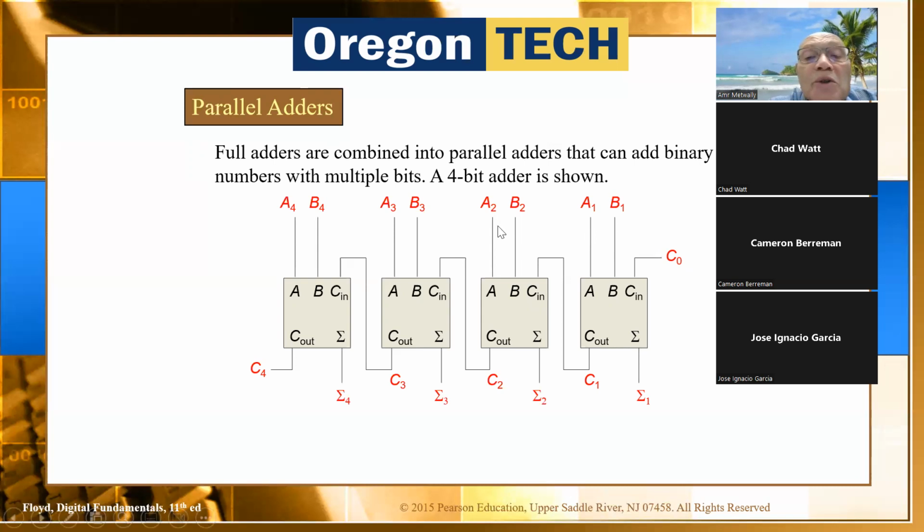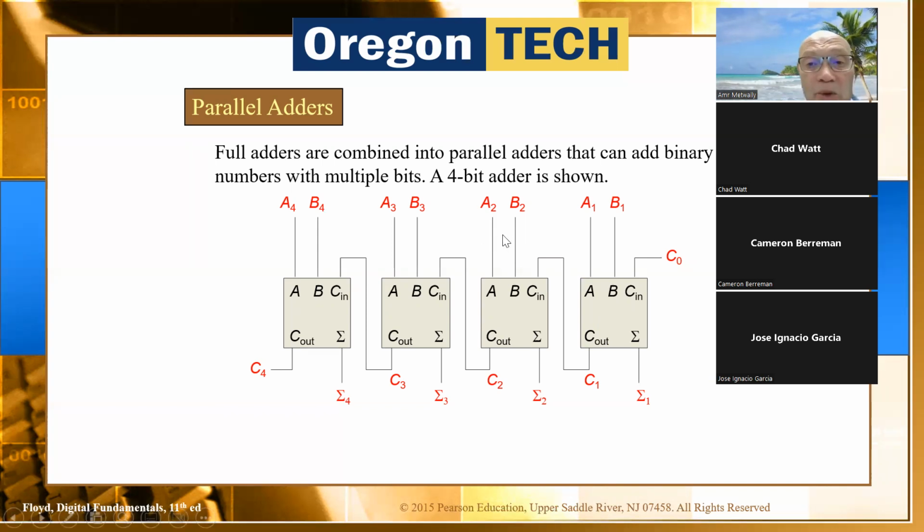Now I am going to the higher 2 bits, but please note that the carry of the first stage is feeding the second stage. That is what we said: I'm going to get carry from the previous, smaller stage. So C out 1 will be C in of stage 2.